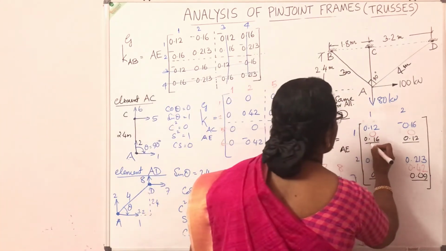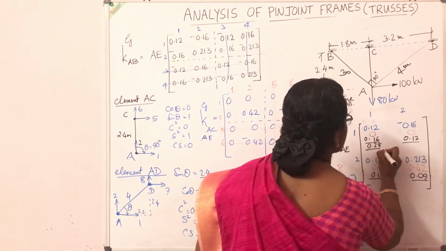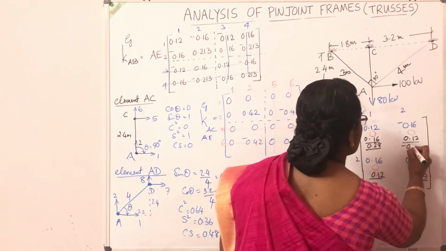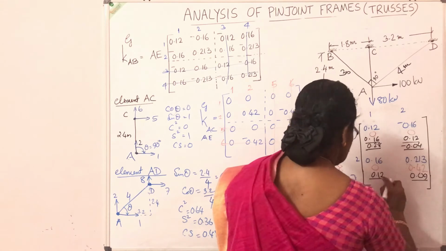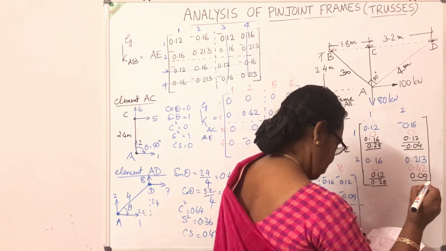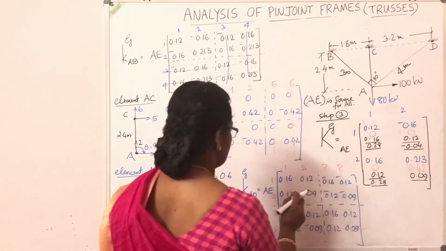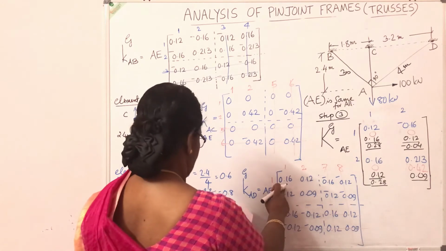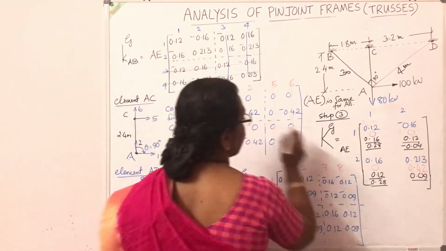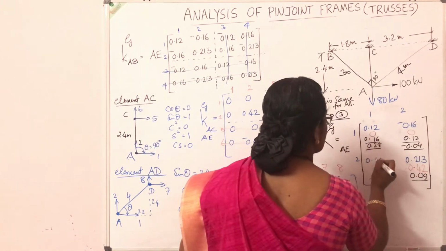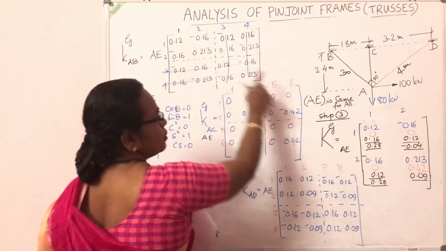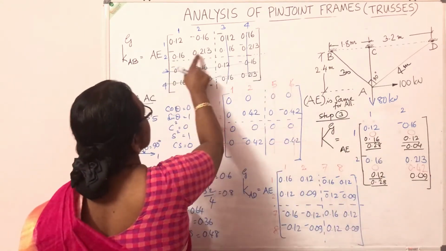Added together, this will work out to 0.28. This works out to minus 0.04. This works out to 0.28. This is minus 0.16 from the first element. You remember 0.12, minus 0.16, minus 0.16, 0.213.